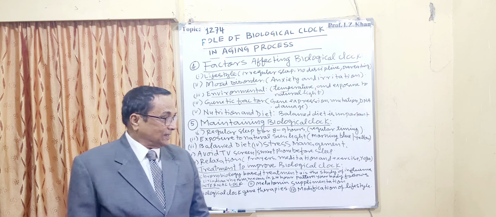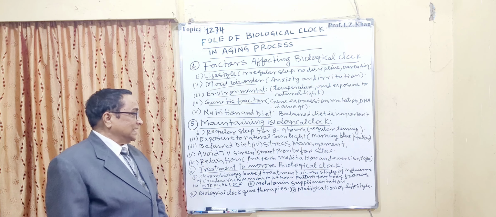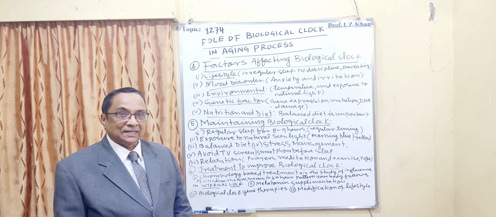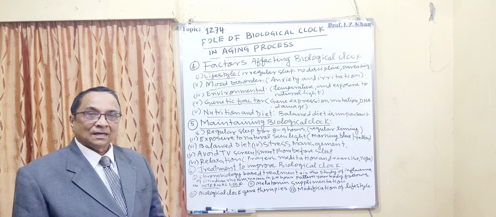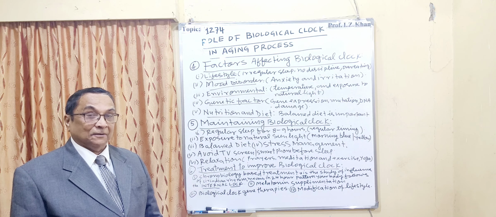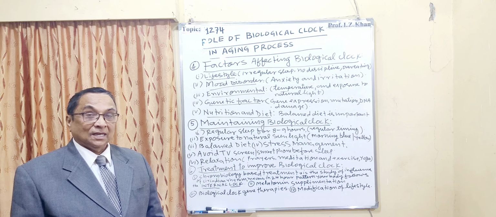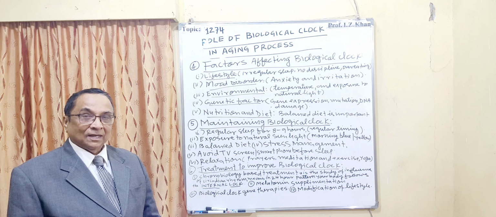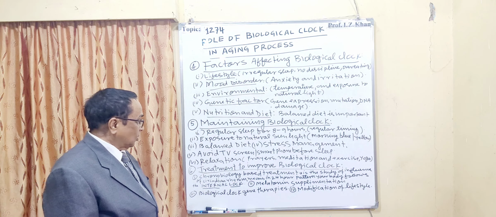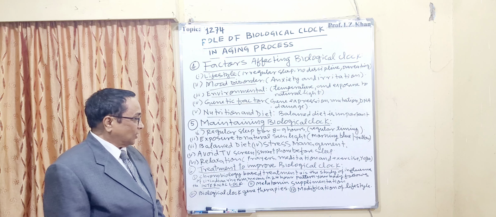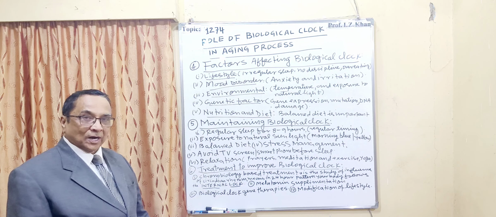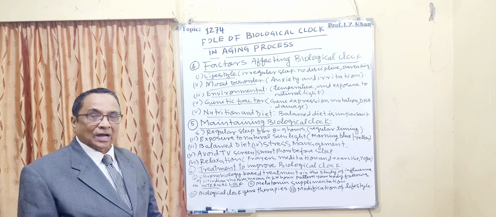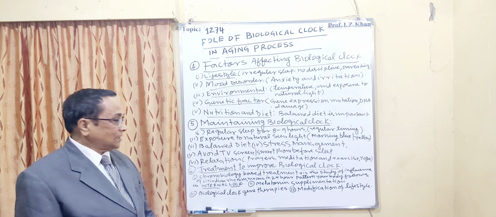It is the biology that studies the influence of circadian rhythm, that is internal clock, and that is very important. Chronobiology is so important that it will tell you all about your biological clock and internal clock in 24-hour time, how your body is following its internal clock. I am going to deliver one lecture on internal clock.